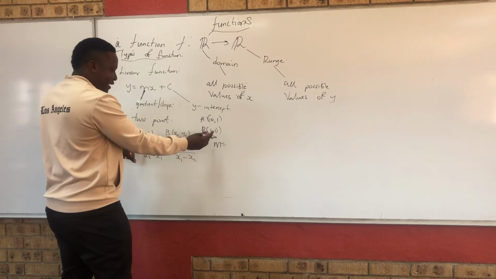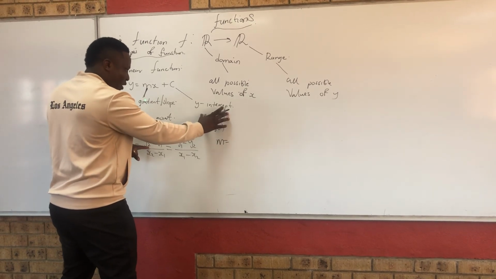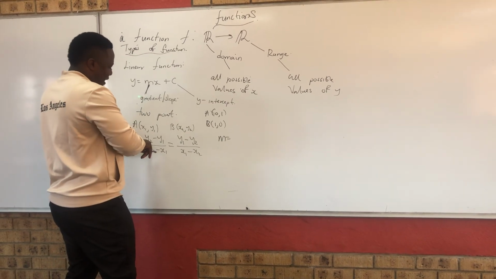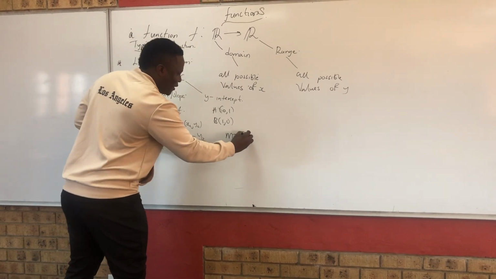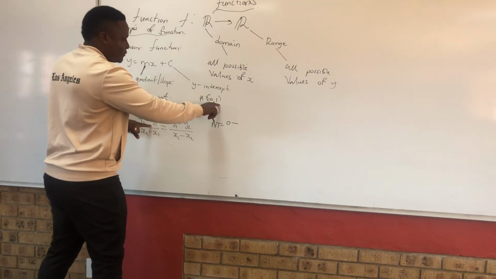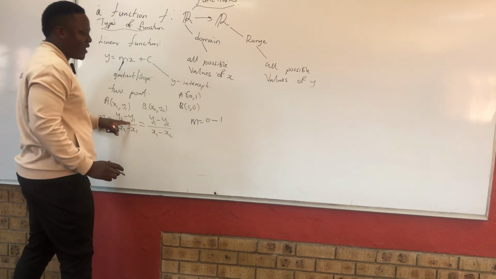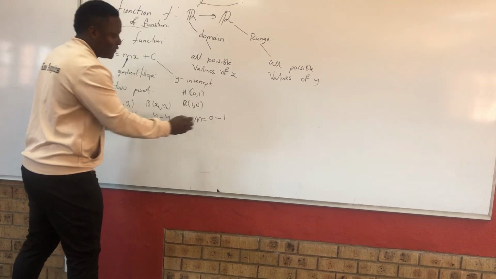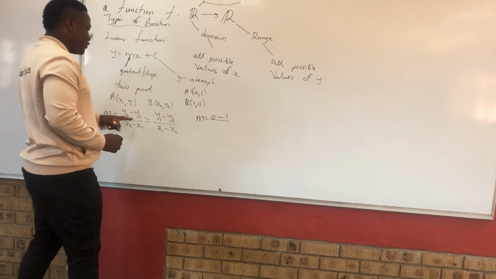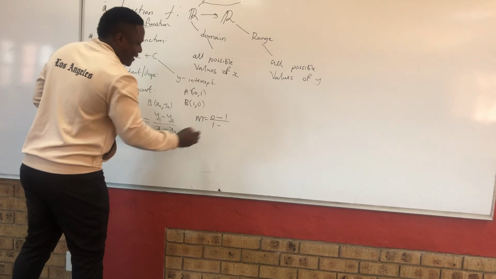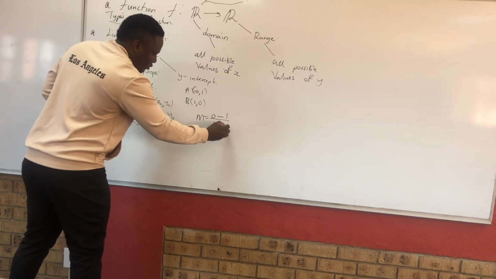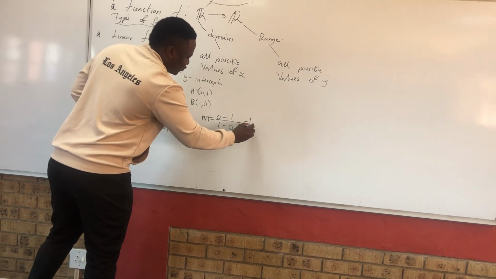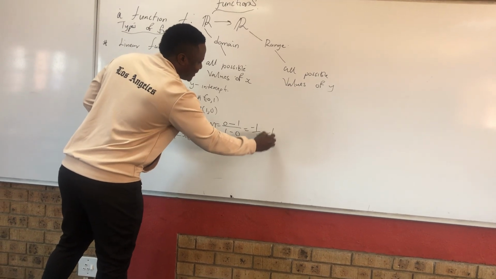Remember, I said you define B as 2 and A as 1. Then we have y2, which is 0, minus y1, which is 1, the y coordinate of A. And then the x coordinate of B, which is 1, minus the x coordinate of A, which is 0. This is the same as minus 1 over 1, so the answer is just minus 1.